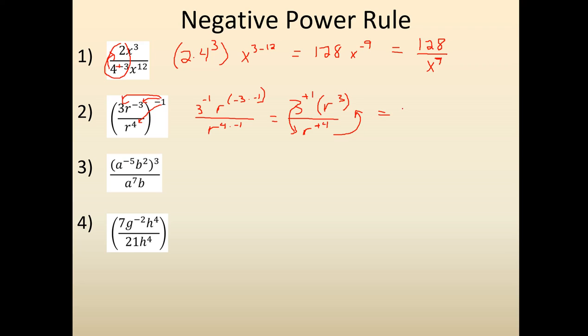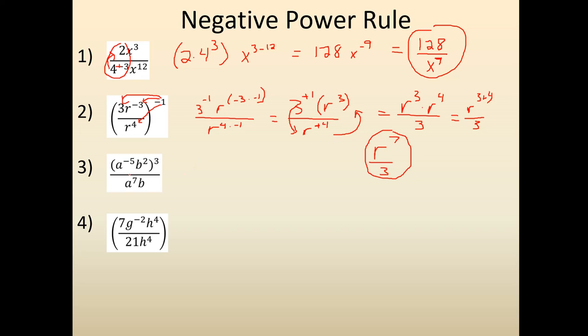So this becomes r cubed times r to the 4th divided by 3. Using our multiplication rule, r to the third times r to the 4 is r to the 3 plus 4, divided by 3. So in the end, we get r to the 7th divided by 3 as our final answer.